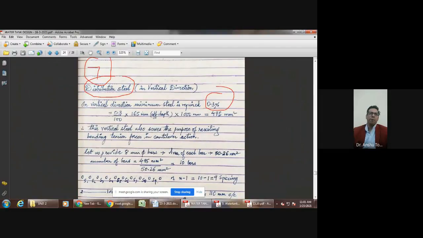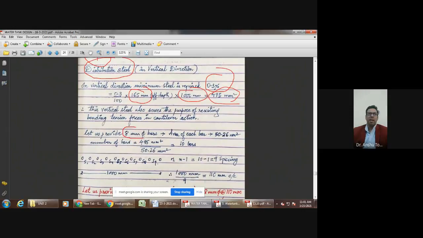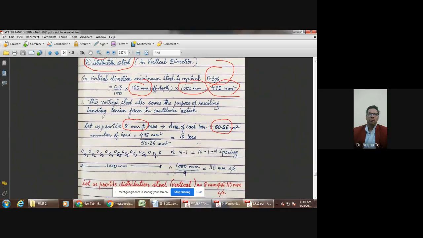What is the gross area? 165 mm as the thickness and 1000 mm, that is 1 meter run. So the gross reinforcement will come out to be 495 mm square. And if you use 8 mm dia bar, what is the area of an 8 mm dia bar? 50.26 mm square. And if you divide this 495 by 50.26, you will get 10 number of bars.